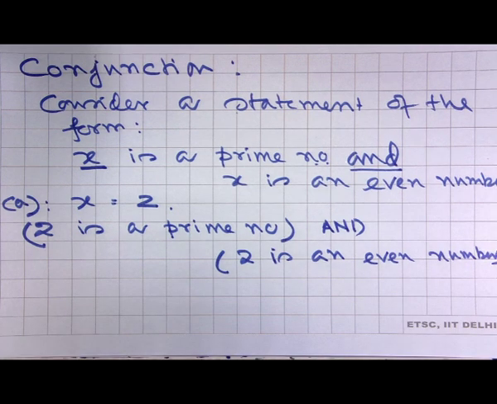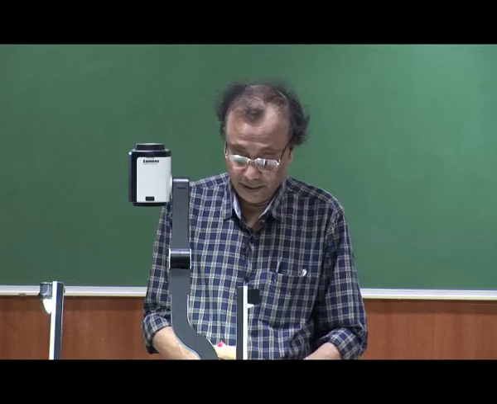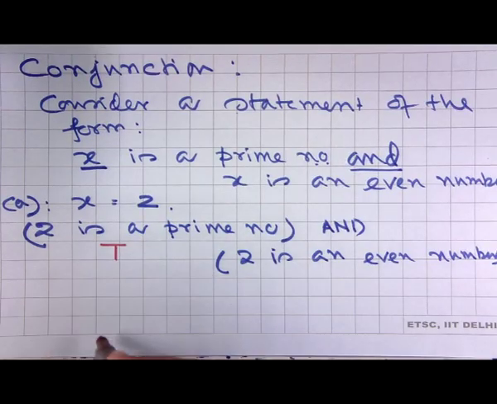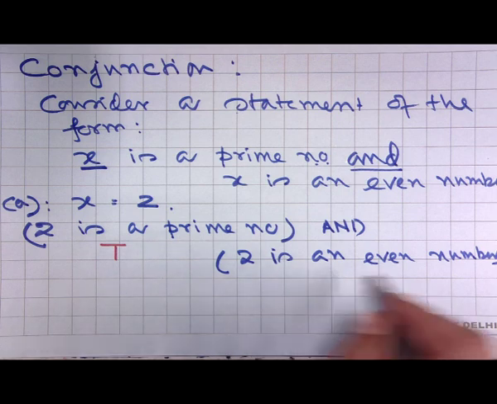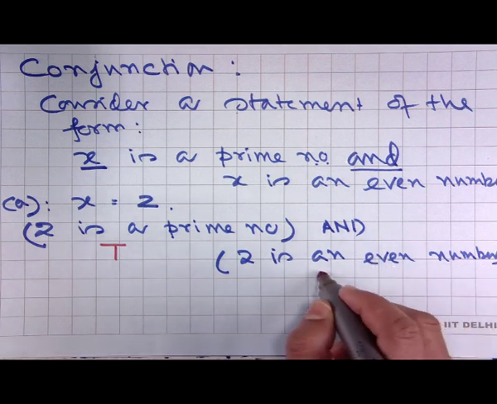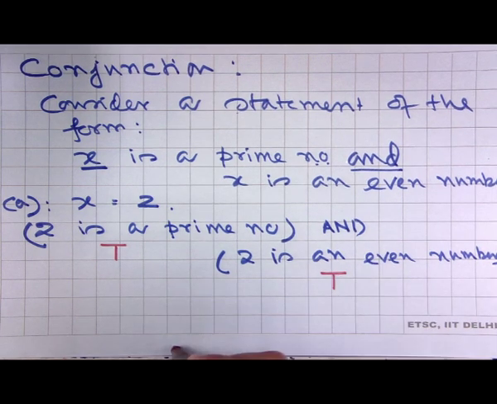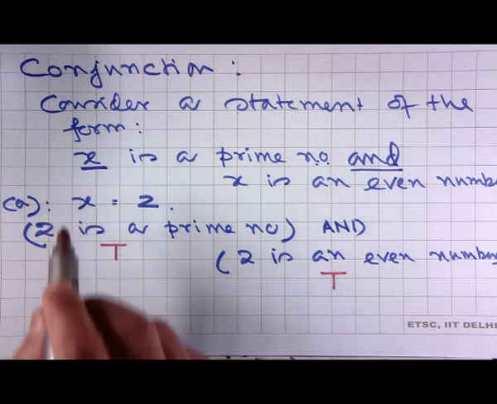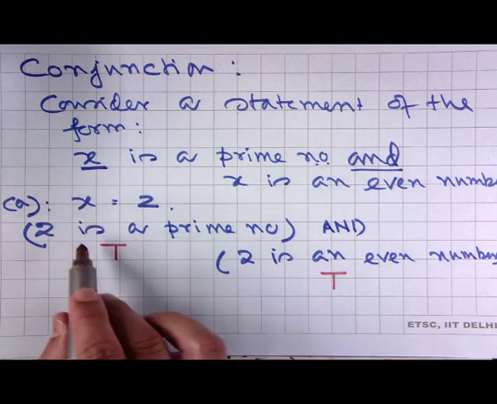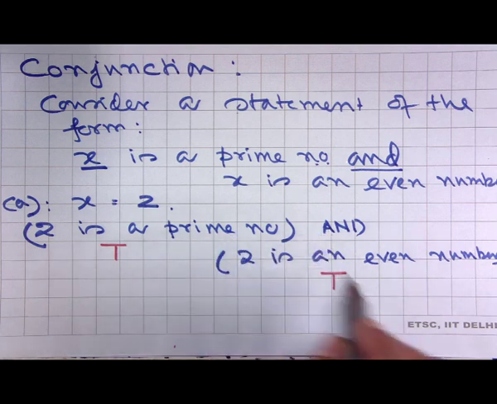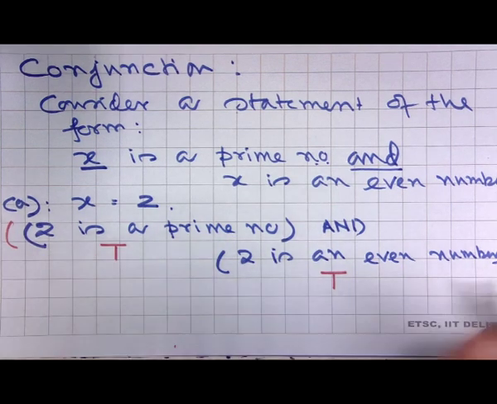Now, 2 is a prime number is correct, so its truth value is T. 2 is an even number, its truth value is T, and the whole thing is correct.